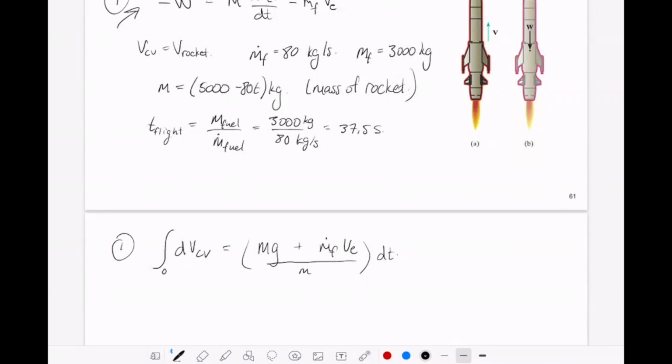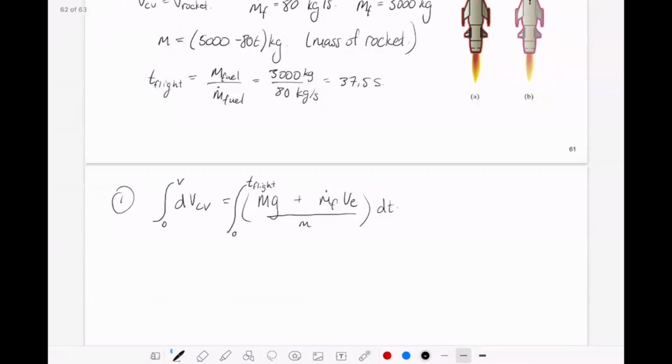On the left, we're going to be going from 0 to our velocity when we run out of fuel. And on the right, we're going from time 0 to time t flight, the total length of our flight. So the left-hand side just becomes our velocity. Let's call this V max.